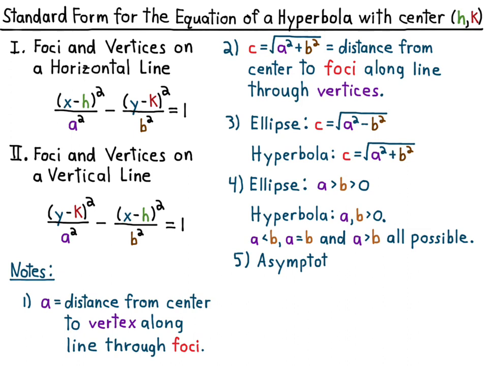Okay? So the asymptotes are always these, for type 1: x minus h equals plus or minus a over b times y minus k.